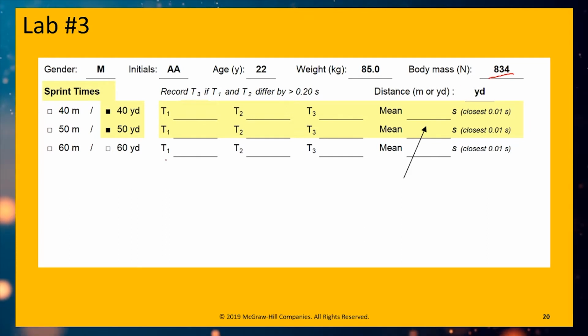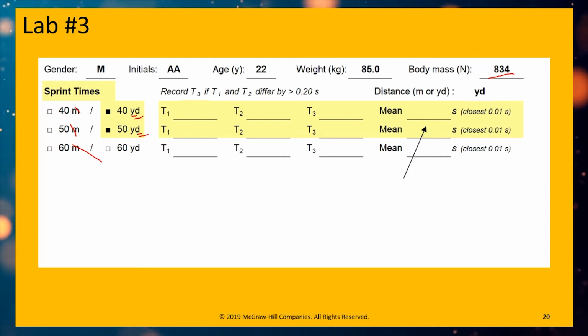From there, we need to talk about our time trial. We're not dealing with a 40, 50, 60 meter. We're dealing with yards. And that's important to figure out first and foremost, because we're going to have to do a little more converting to get everything into the metric system. For this first trial, remember this can all be done simultaneously.